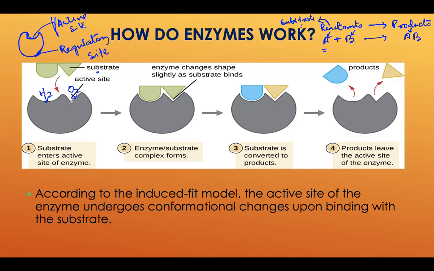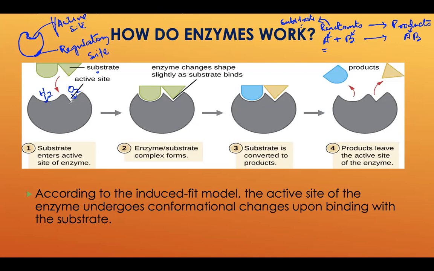When all the reactants are scattered, it requires energy to collect them together at one place, and that energy is called activation energy. The enzyme saves or reduces that energy by collecting all the reactants together. It saves time, it saves energy, and that's how enzyme works.